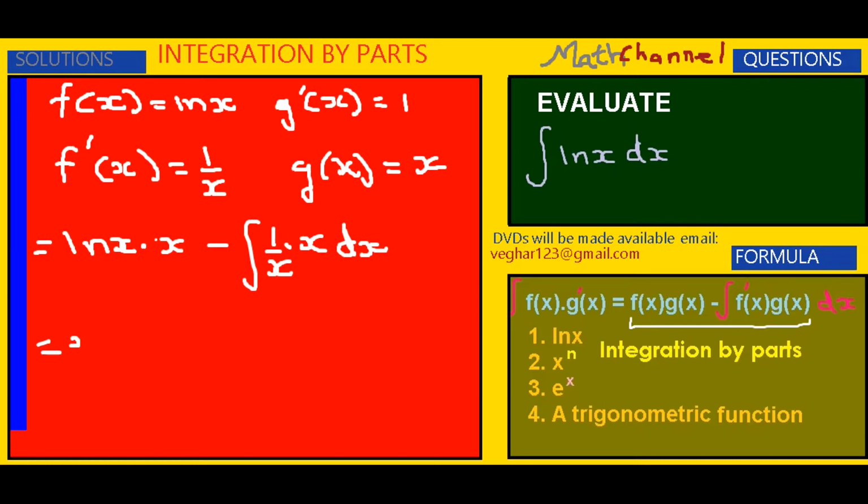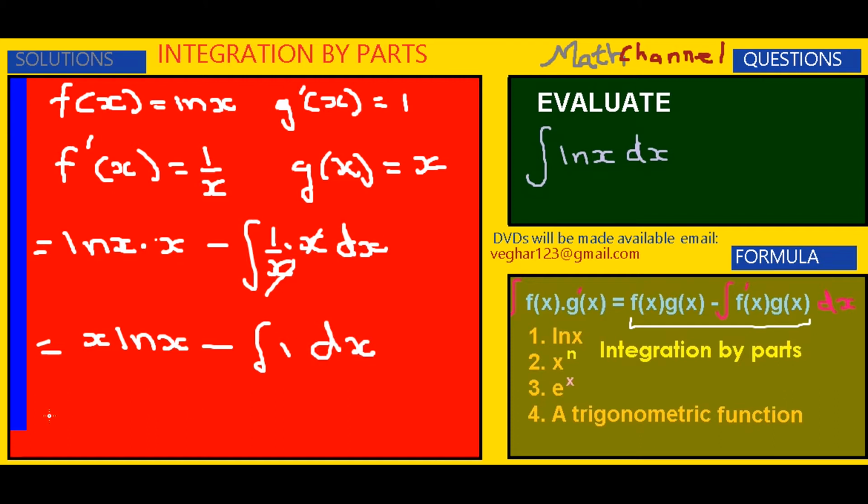So the integral, and then this one will cancel that one, and then you'll have 1.